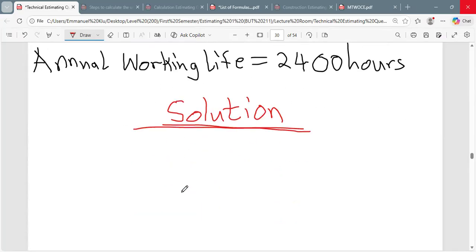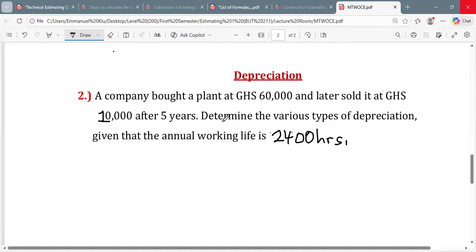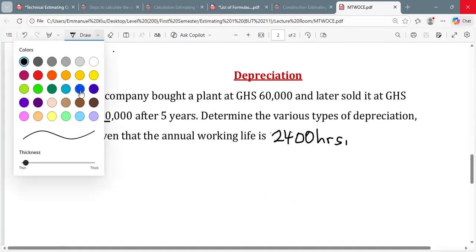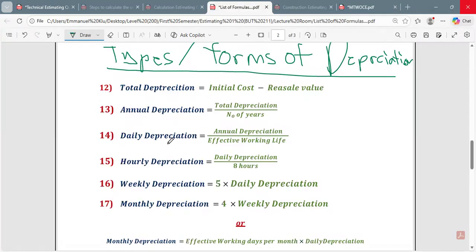The question says that we should determine the various forms of depreciation. So determine the various types of depreciation. The various types of depreciation that we have are the daily depreciation. These are them over here. Look, we have the daily depreciation, hourly depreciation, weekly depreciation, monthly and a whole lot.